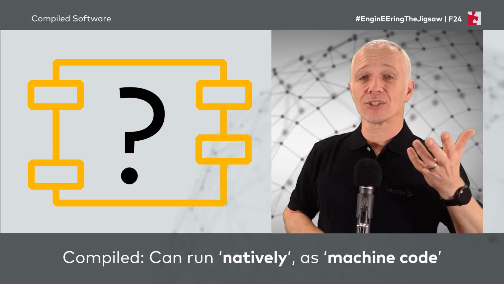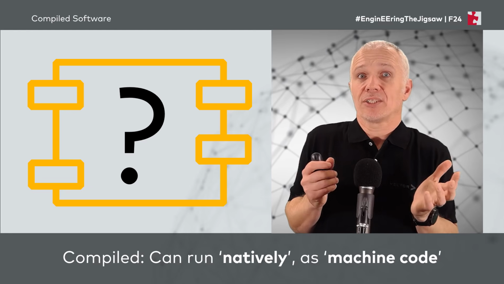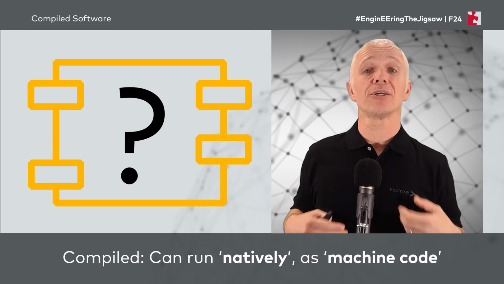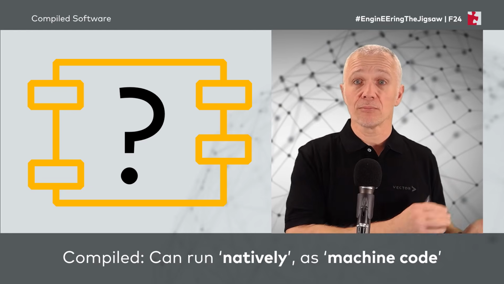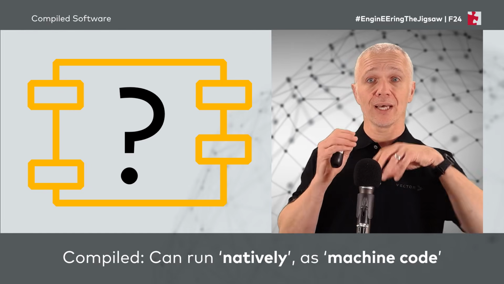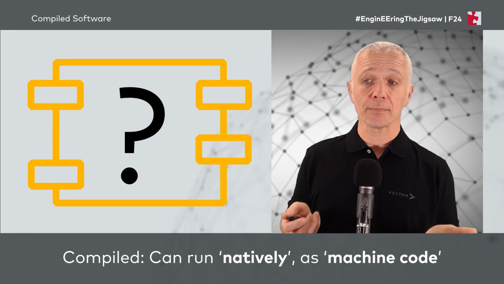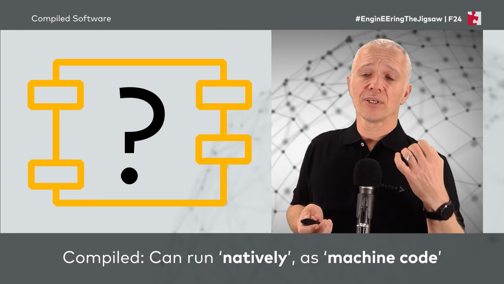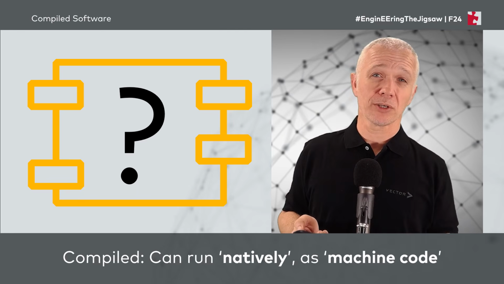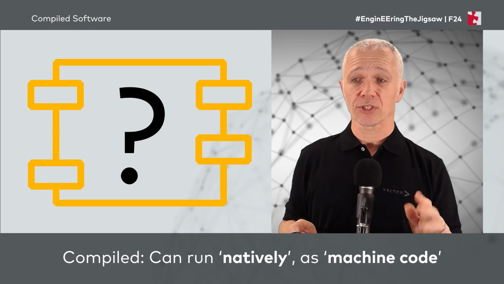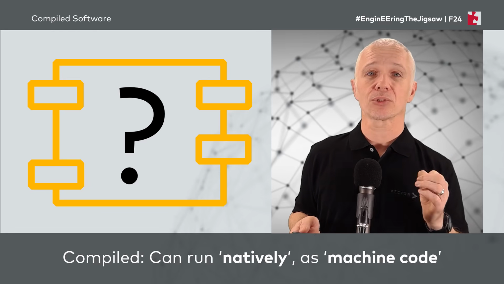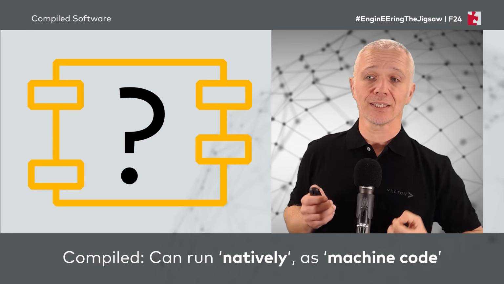The disadvantage, of course, is that you have to do this compilation process offline before you can take your software and run it where you want to run it, which can take some time. And the advantages for hard real-time control far outweigh the disadvantages, so we tend to use compiled software in embedded systems.